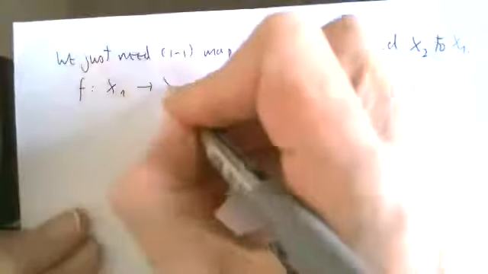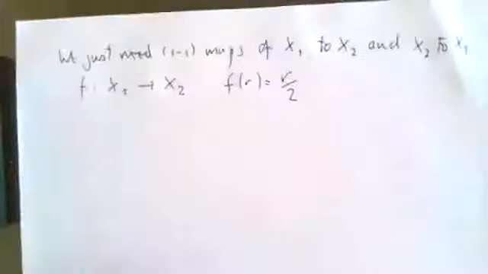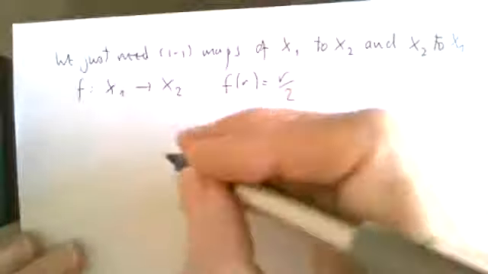So let f go from X1 to X2, and let f of r be r over 2. We just halve the rational that's there.